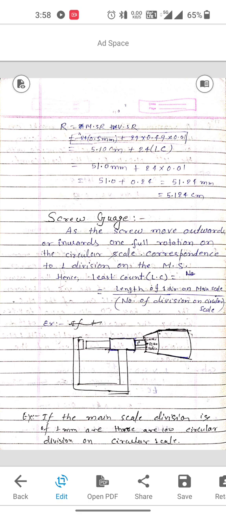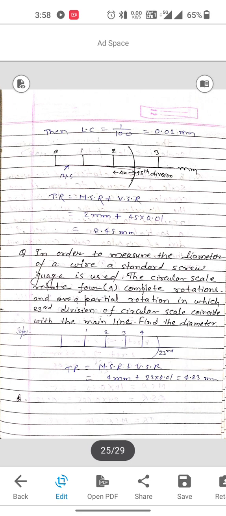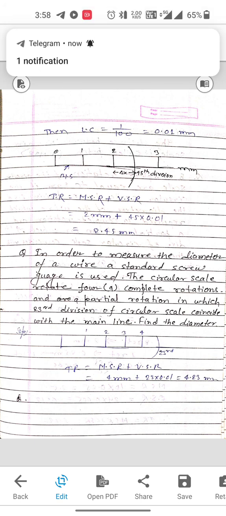If the main scale division is 1 mm and there are 100 divisions on the circular scale, then least count equals 1 by 100, that is 0.01 mm. Then total reading equals main scale reading, that is 2, plus 45 into 0.01, that is 2.45 mm.